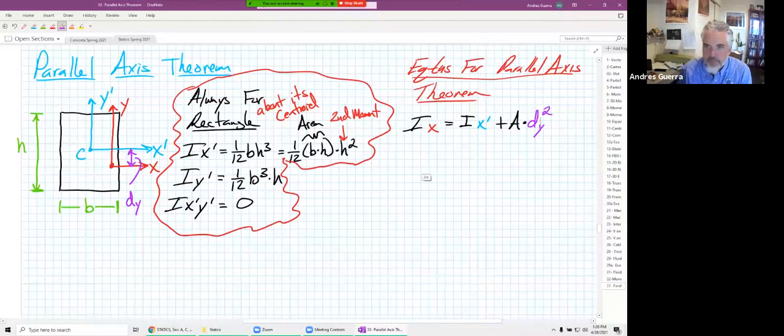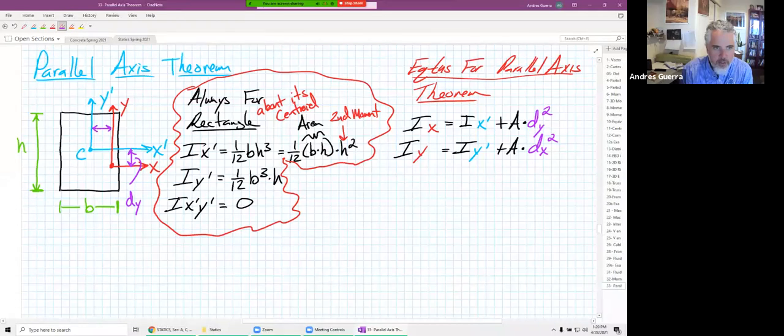We can find I y would be equal to I y prime plus the area times d sub x squared, where d sub x describes the distance between the y and the y prime axis.